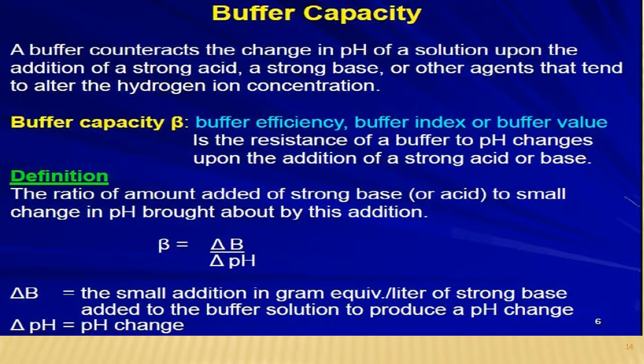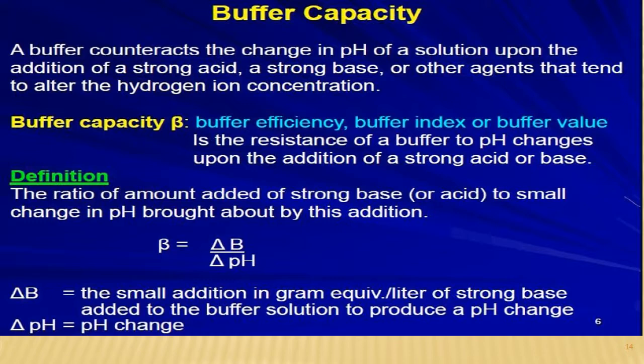It is defined as the ratio of the amount of strong base or acid added to the small change in pH brought about by this addition. This is another definition. We can say it in different ways, but finally we have this equation that represents the buffer capacity: beta equal to change in B over change in pH.